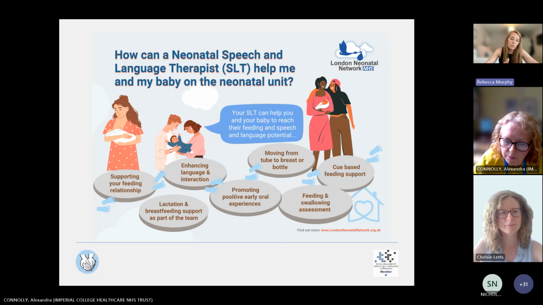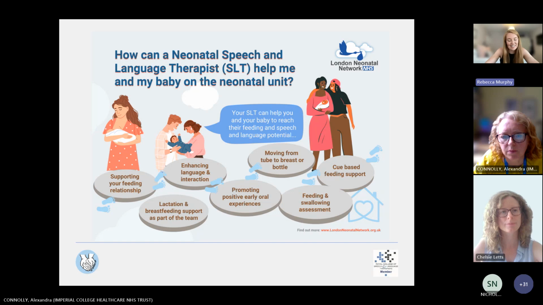Then moving from tube to oral feeding, whether breast or bottle, is another key part of our role, supporting parents and staff to read the infant's feeding cues and support them in that transition, in a baby-led way, to achieve the most positive outcomes for the baby.